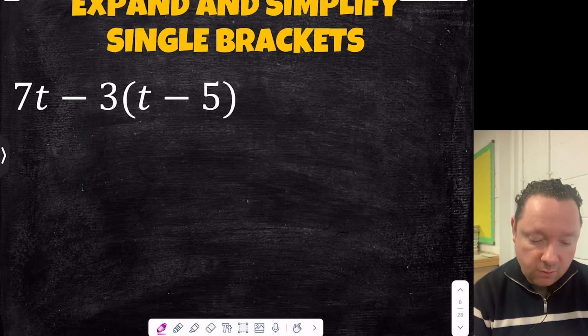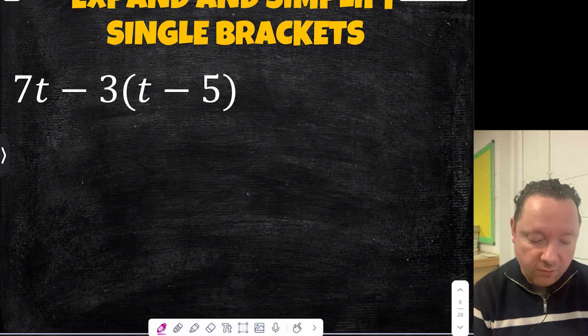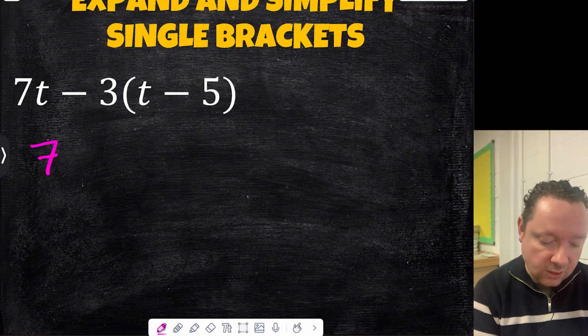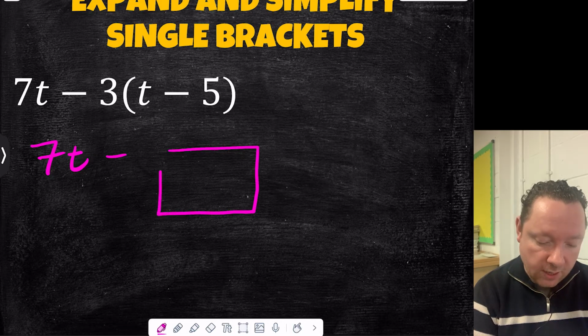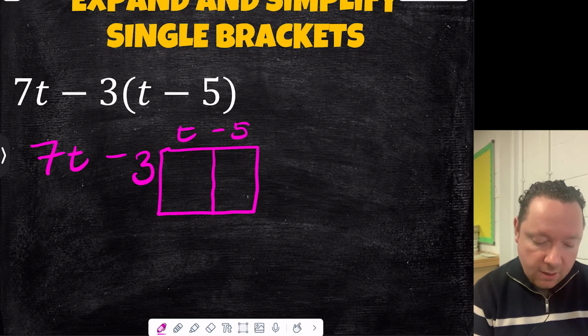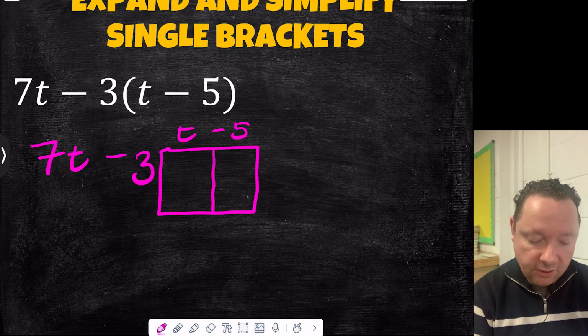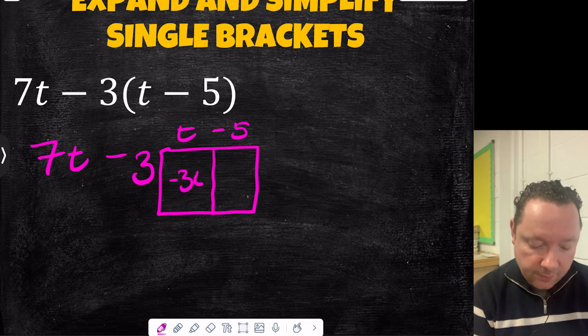So looking at questions where you have to expand then simplify, you get a question like this. How I'd set this up is, I'd say I've got 7t, well that's not a bracket, so I'll just write it, minus, and I'm going to go a box, because I've got a bracket, minus 3t minus 5. Expand, watching out for minus times a plus and minus times a minus. Minus 3 times t is minus 3t.